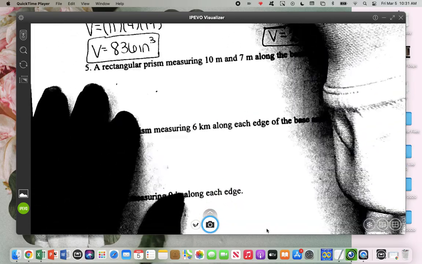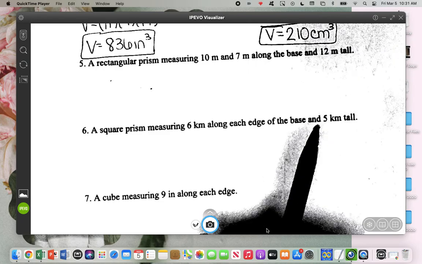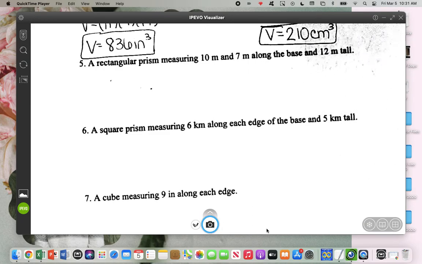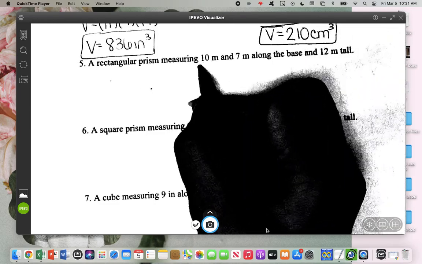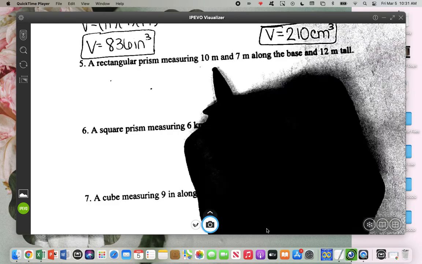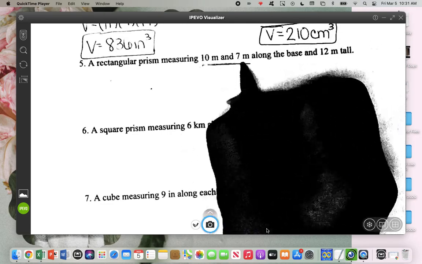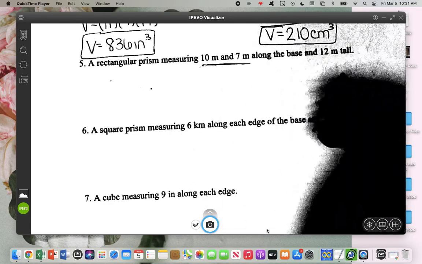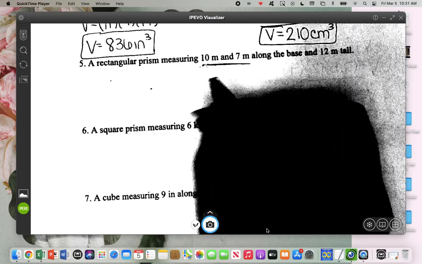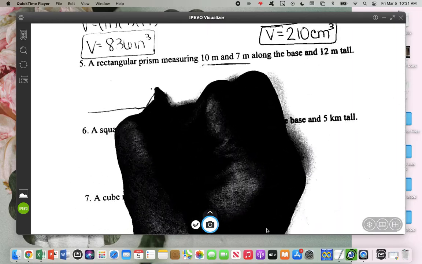You have to draw it. Oh, I'm not going to make you draw on these. That one was just for fun with the fish tank. All right. What this is telling us is that the base of it is 10 by 7. I'm going to draw. You don't have to.